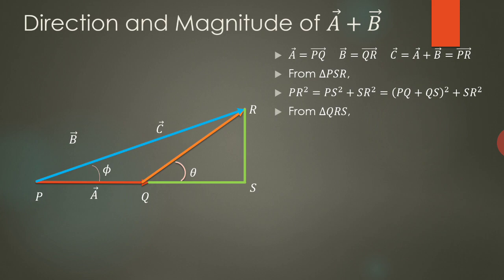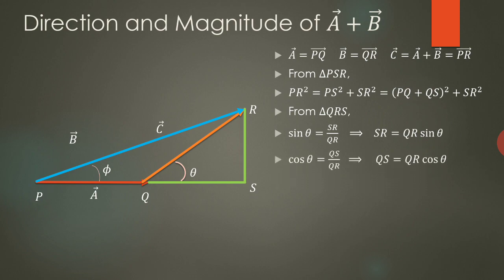If I apply that, I can obtain PS square plus SR square, and PS is equal to PQ plus QS. So I can write PR square like this, and from the triangle QRS I can calculate sin theta to obtain SR and cos theta to obtain QS, and I'm going to substitute these values of SR and QS in the above equation.